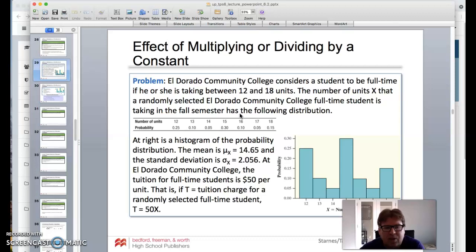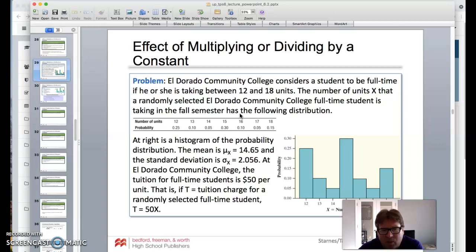So let's look at a case here. El Dorado Community College considers a student to be full-time if he or she is taking between 12 and 18 units or credits. The number of units X that a randomly selected El Dorado Community College full-time student is taking in the fall semester has the following distribution. At the right is a histogram of the probability distribution.